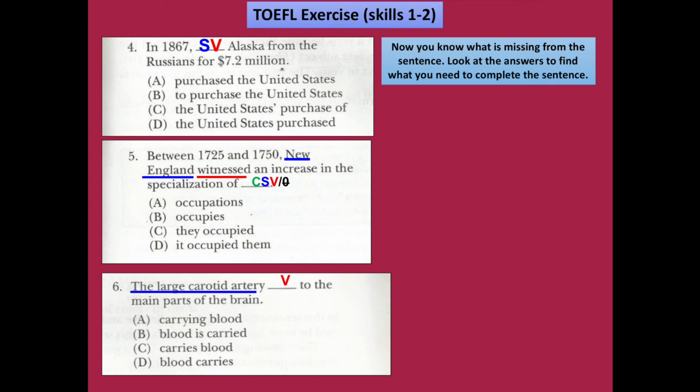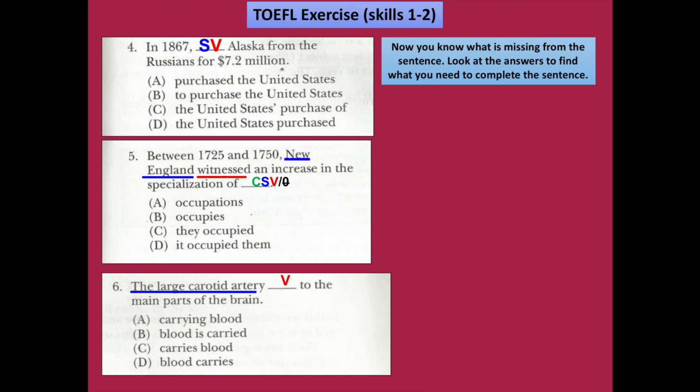So for today's assignment, you're going to choose the correct answer for the sentences that you looked at in the last assignment. On the PowerPoint, I have the sentences labeled like you did in your last assignment, so you can check what you did with this PowerPoint.